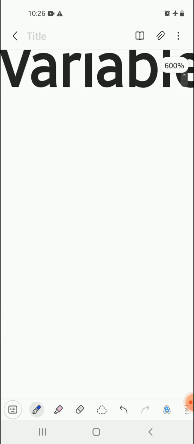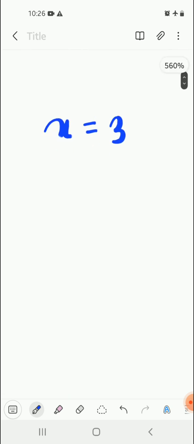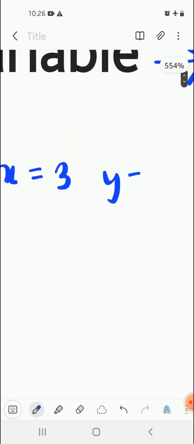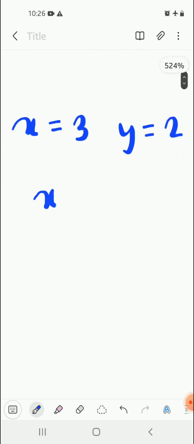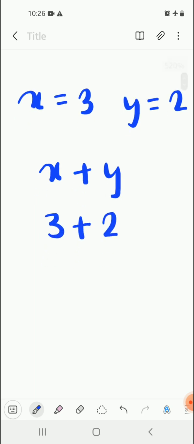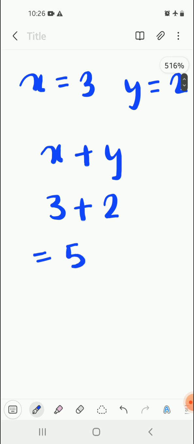For an example, if I say x is equal to 3 and y is equal to 2, then if I write x plus y, it means that the value of x is 3 and the value of y is 2. So it becomes 5.